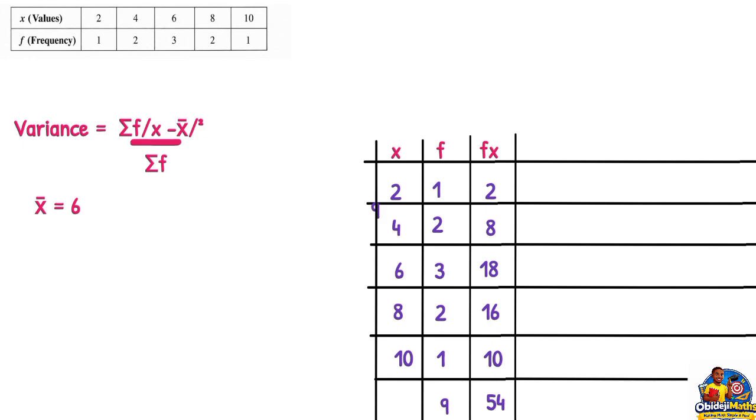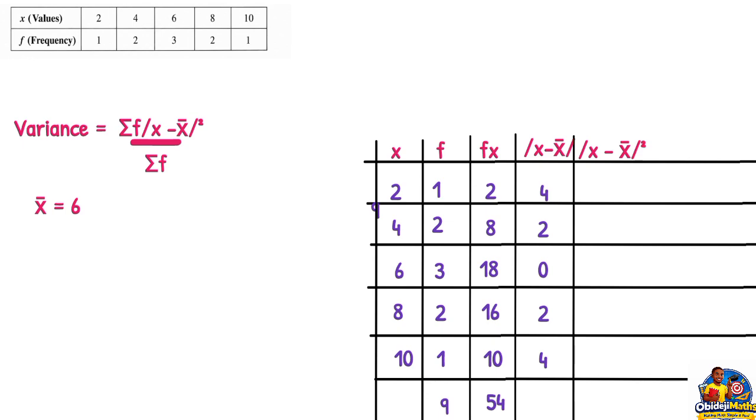After that, we created a column for x minus mean. 2 minus 6 gives 4. Don't forget, if you get a minus, you ignore the minus and write the positive value.